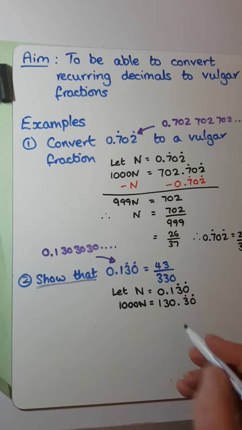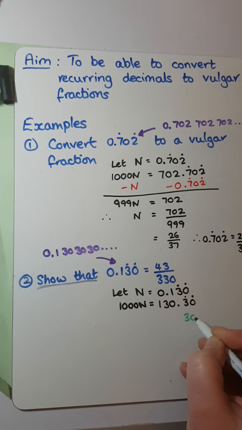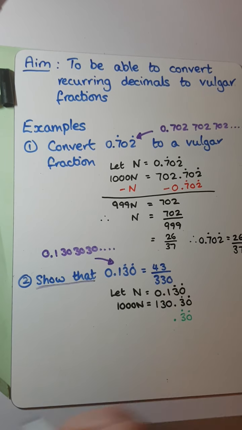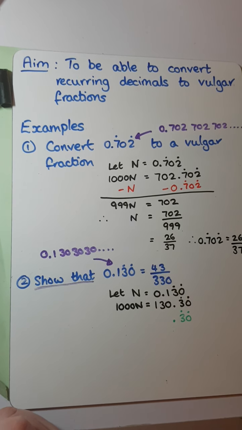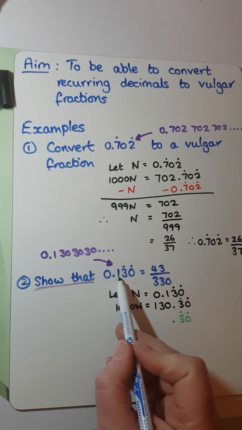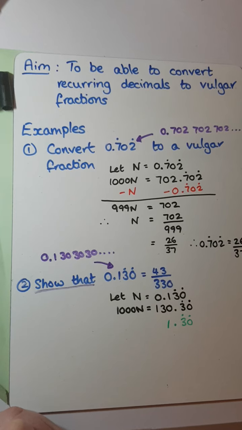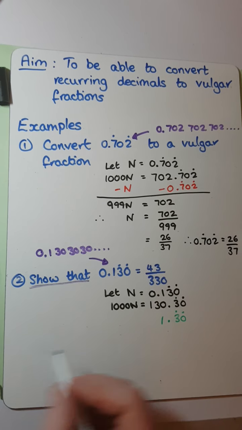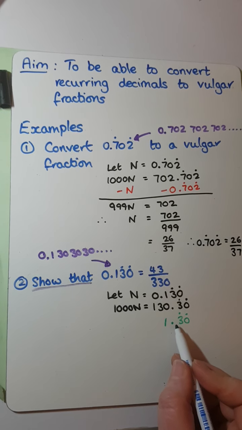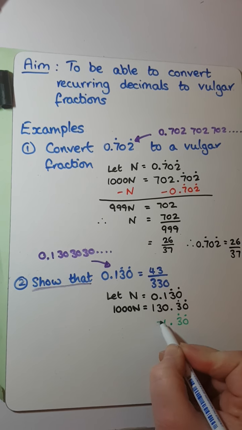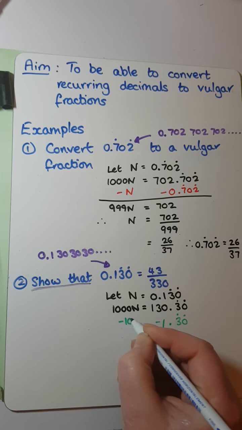Now I want to take away that 30 recurring. But I can't take away 0.30 recurring because there was a 1 there. I can, however, take away 1.30 recurring. What that really is, is not n. That's 10 times as big as n was. So I'm going to take away 10n.